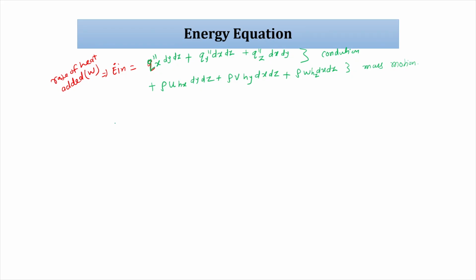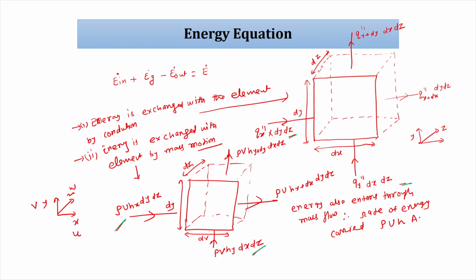What will be out? That is the rate of heat removed, also in watts. What terms will be there? Out in the x direction q x plus dx double dash dy dz, in the y direction q y plus dy double dash dx dz.